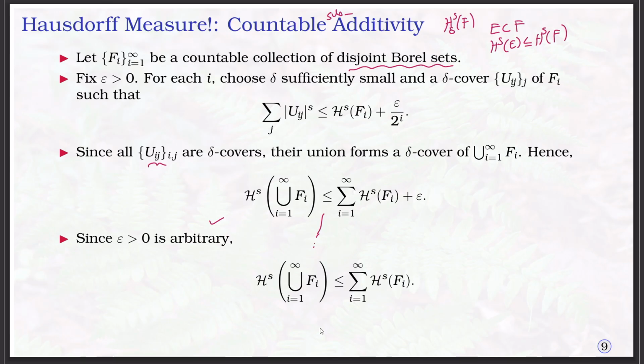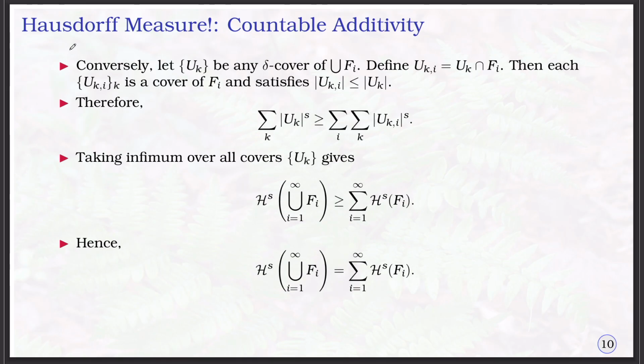So now we proved one way, and we need to prove the other way. This is less than or equal to this quantity. For proving the reverse part, conversely, let Uk be any delta cover of the union of Fi. Define Uki equal to Uk intersection Fi. Uk is any covering of the union of Fi, and we define Uki as Uk intersecting Fi.